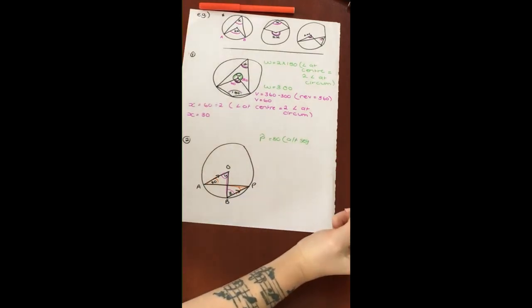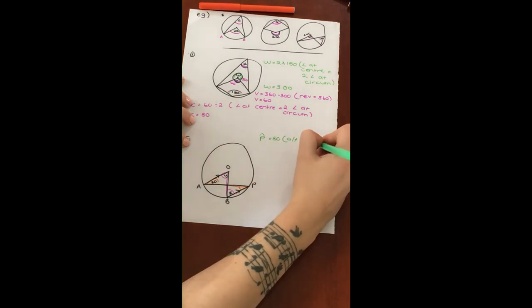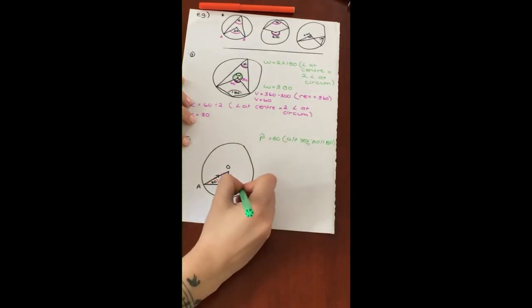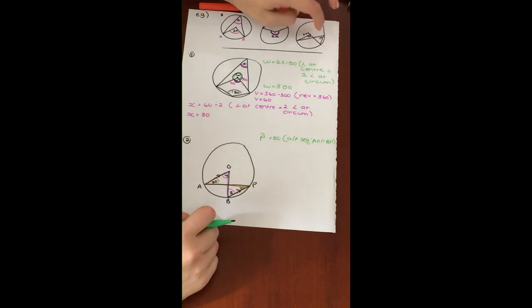And just remember that you should always fill in your parallel lines. So you can say AO is parallel to BP. Okay, so now that you know this is 80, now you can use your theorem. Remember, this looks very much like this.